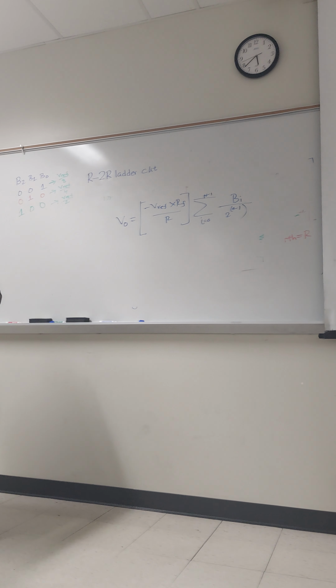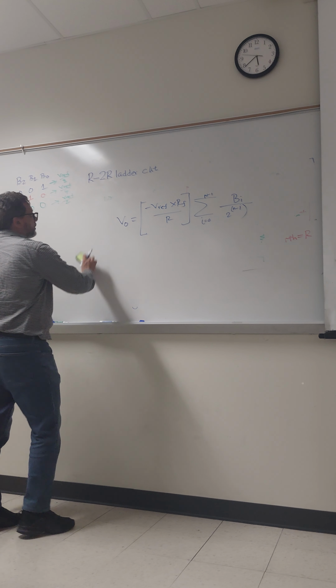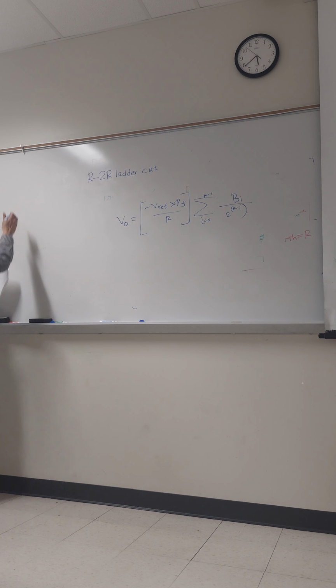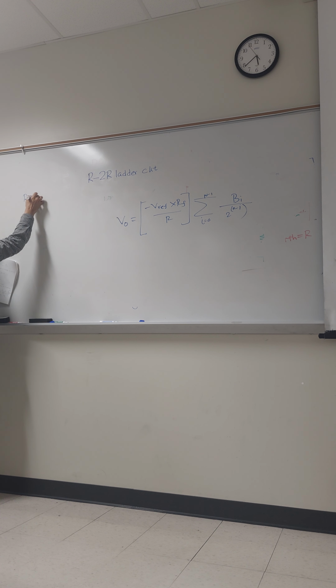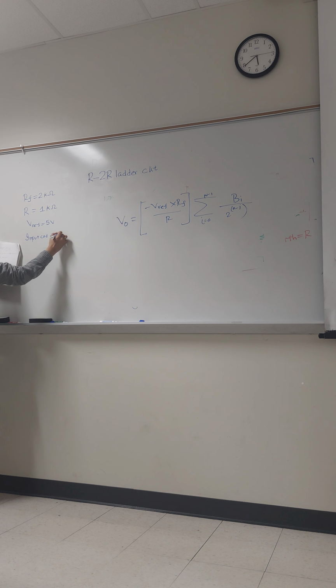Okay, let's try to do one example. RF is given 2 kilo ohm, R is given 1 kilo ohm, the reference is given 5 volt, and the input code is equal to 101100.